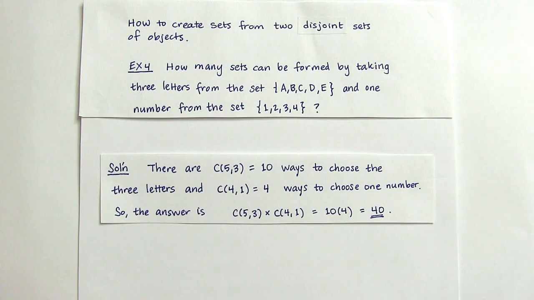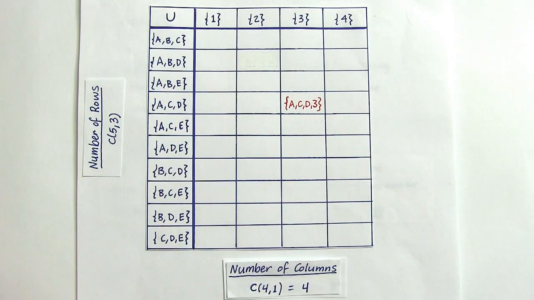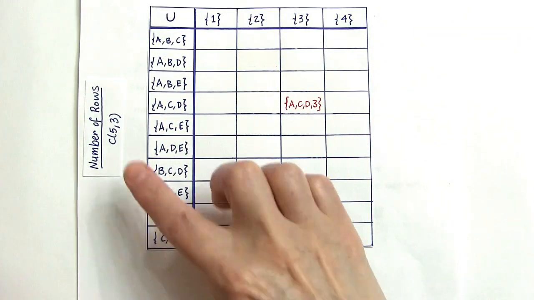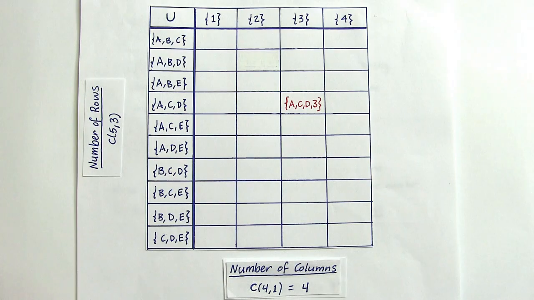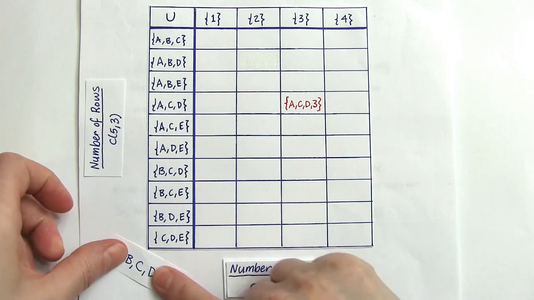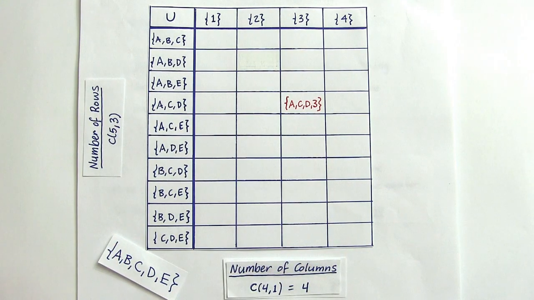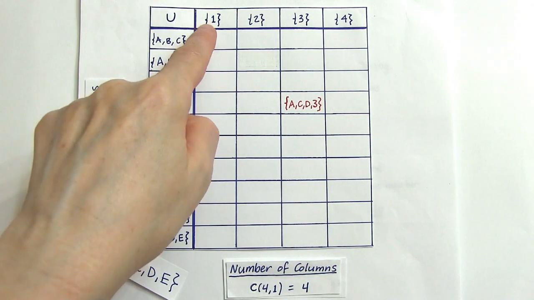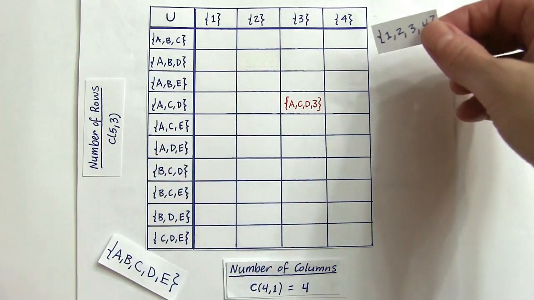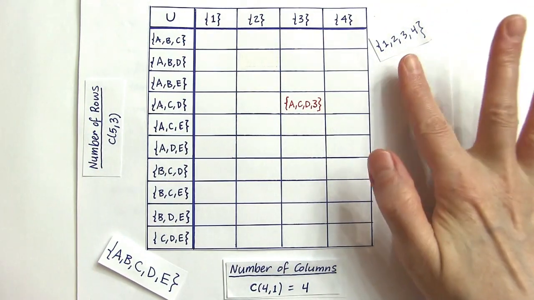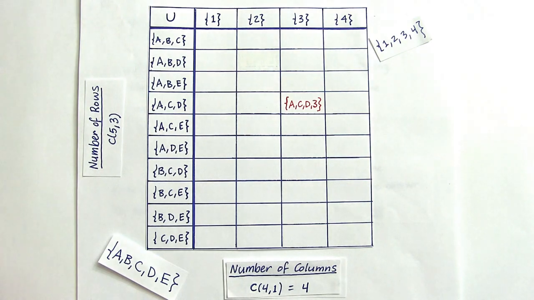I have a visual for that. So here's my table, which I used to demonstrate the answer to this problem. In the first column, I've put the 5 choose 3 different ways that I can form subsets containing 3 elements from the original set of the 5 letters A, B, C, D, and E. And along the top row, I have the 4 different ways that I can choose 1 number from the set of numbers 1, 2, 3, and 4.